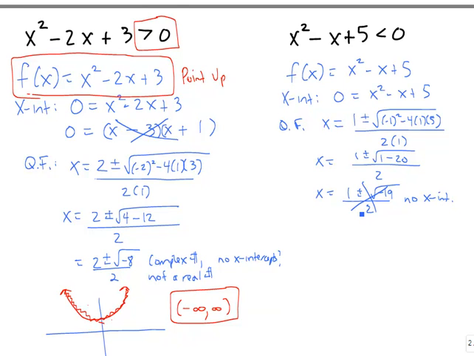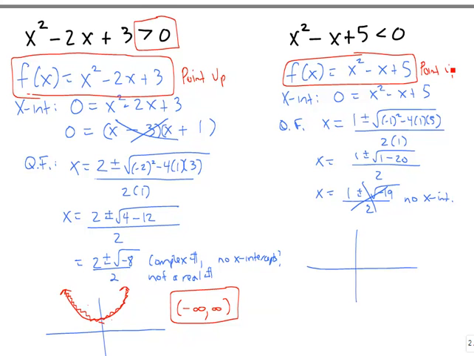They're going to be complex numbers. So when we do our graph, we don't, again, have any points to plot because there are no x-intercepts that we can draw. So you want to go back to your function and decide whether this should be a parabola that points up or points down. The leading coefficient here is a 1, so this is going to point up.